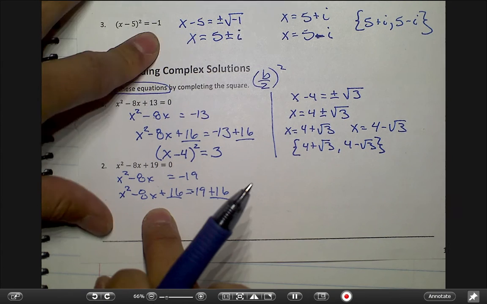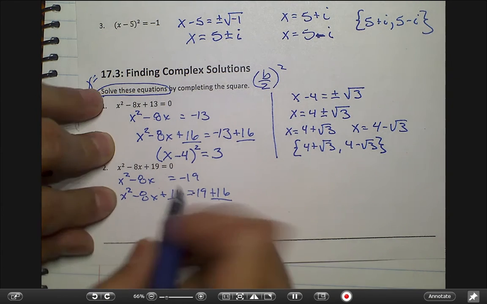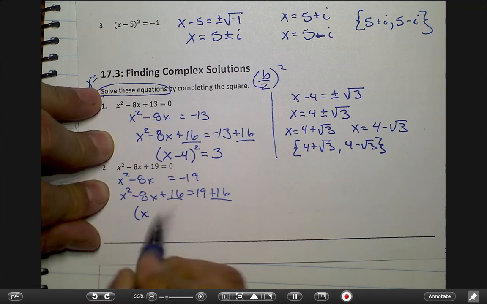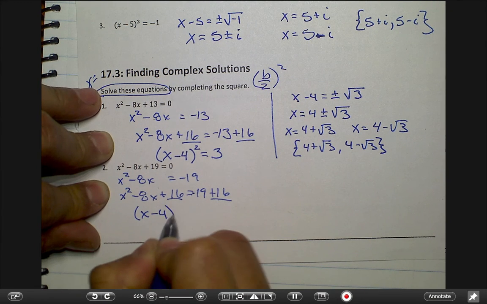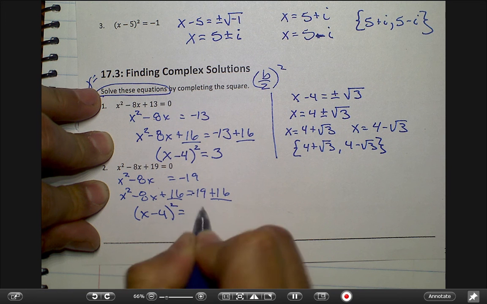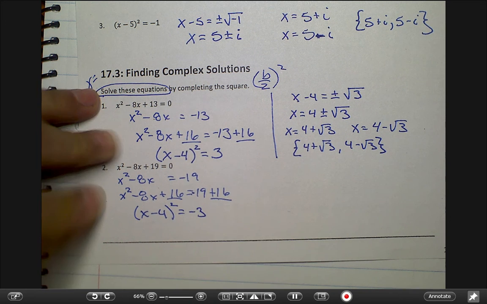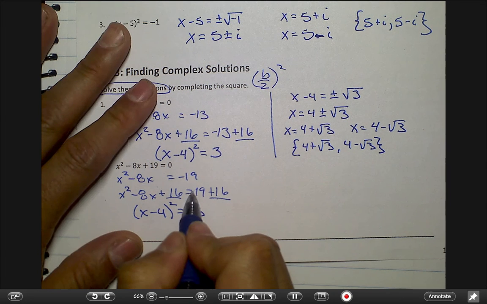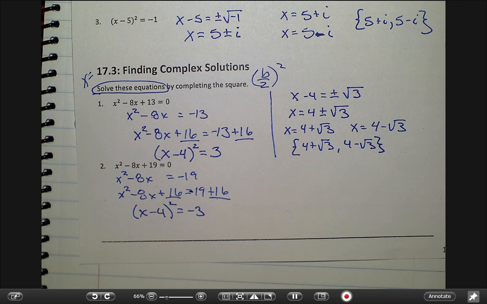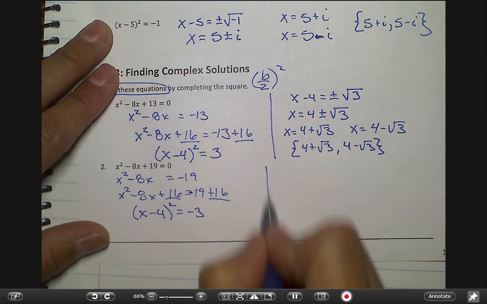And then from there, it's going to be x minus 4 squared equals negative 3 in this case. So thank you, I kind of missed that negative on that one. All right, so from there, I'm going to go through and solve for x.